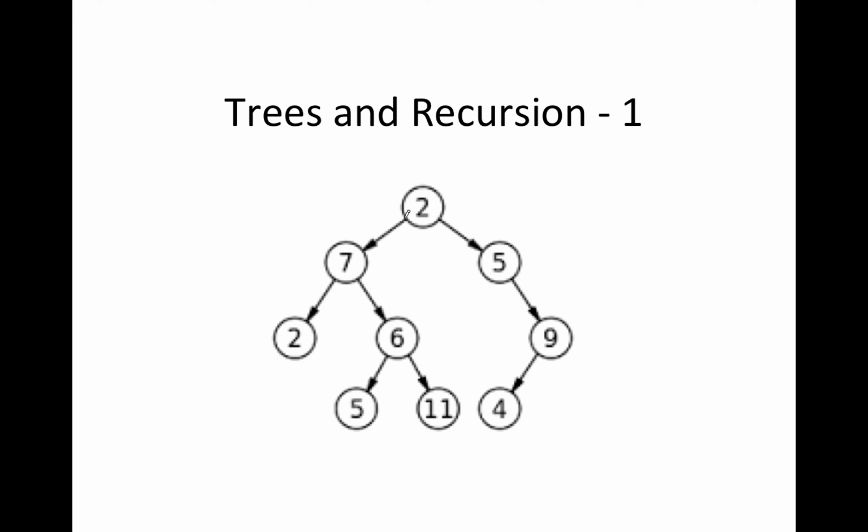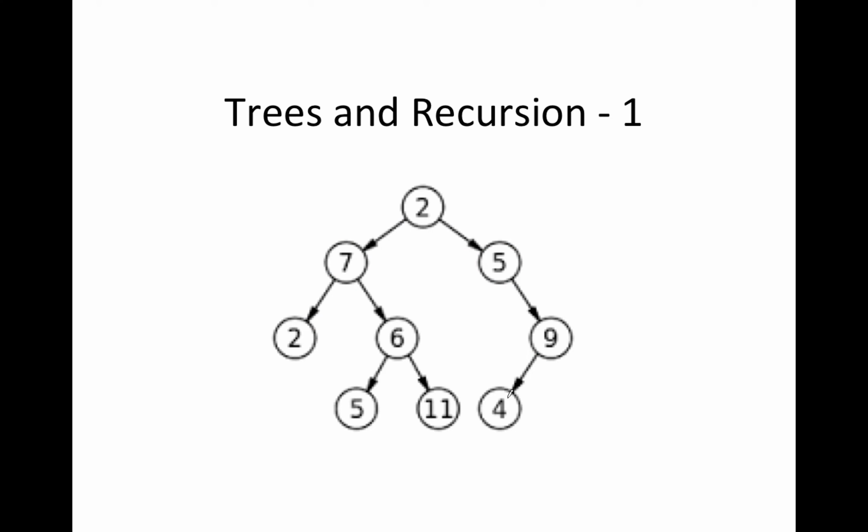So, like 2 has two pointers, that is, 2 has two child nodes, 7 and 5. This 2 here does not have any pointers to any other nodes, while the 9 here has just one pointer to this node.